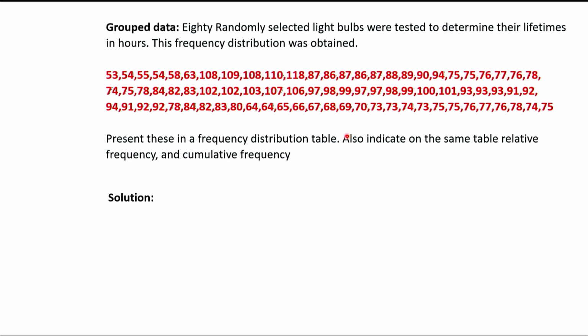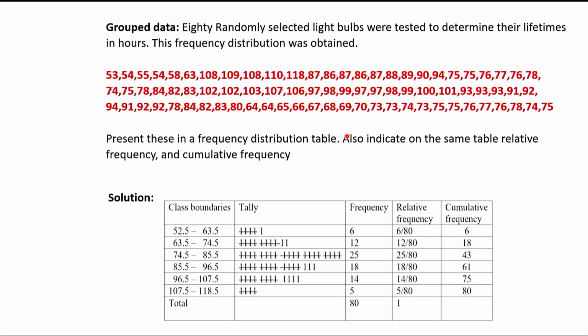Now let's look at the frequency table, the grouped frequency table. For this time around, I make use of the class boundary. I can as well make use of the class limit, but I use the class boundary to make it easier for us. So 52.5 to 63.5, then the next one 63.5 to 74.5, the next one 74.5 to 85.5, the next one 85.5, and so on.